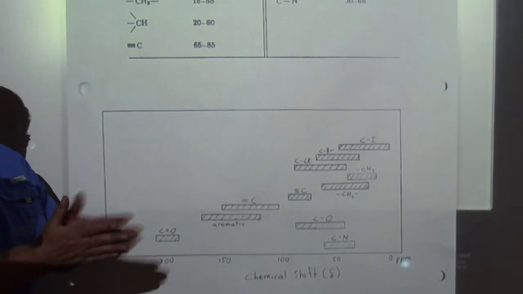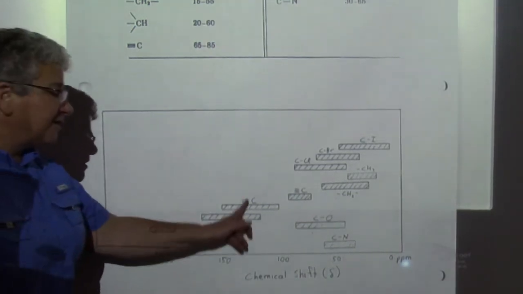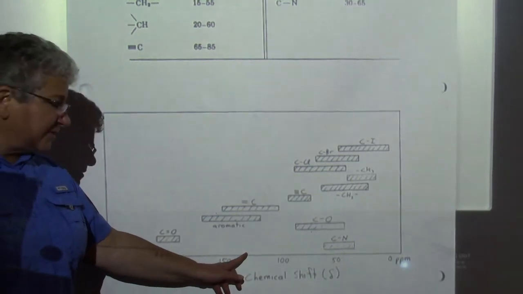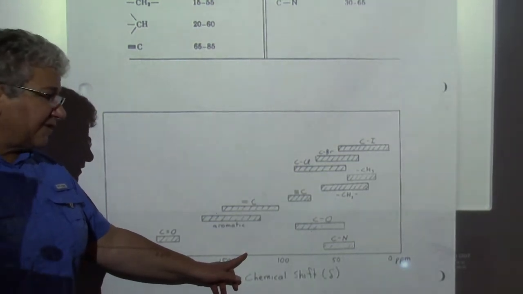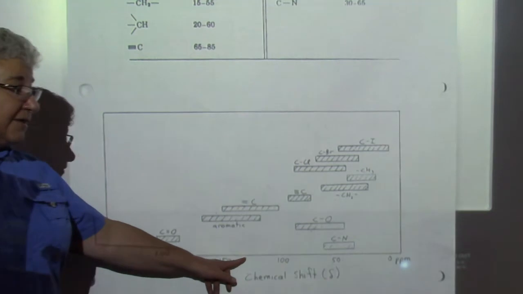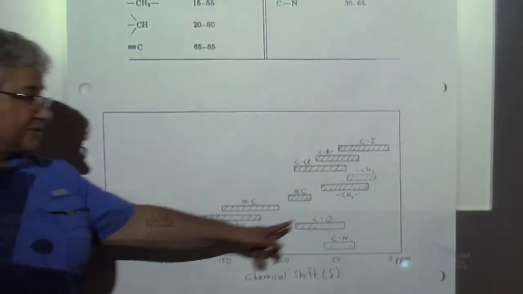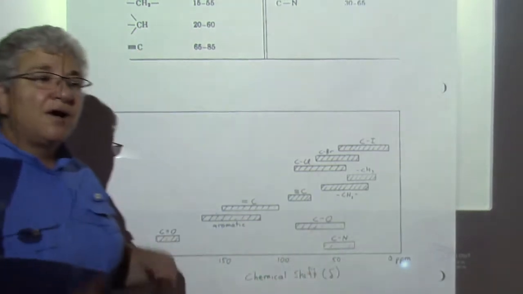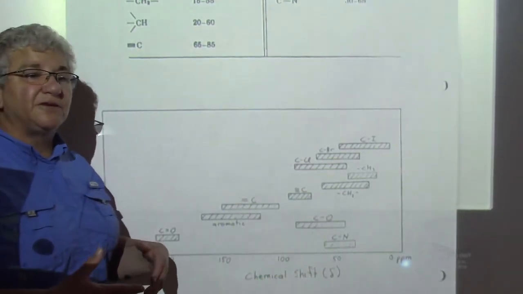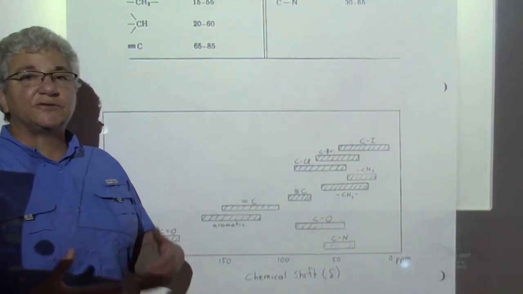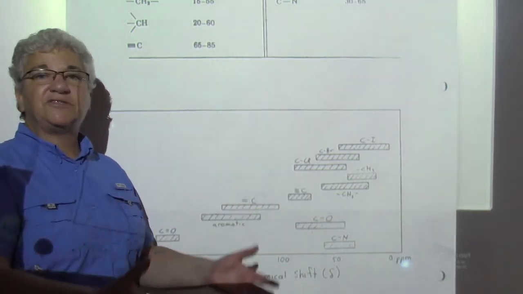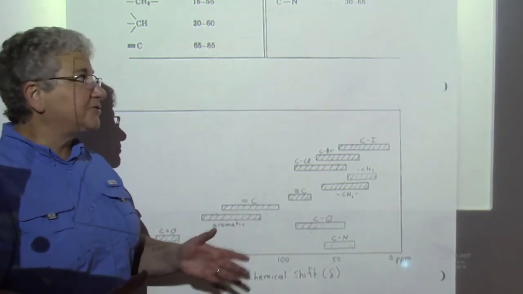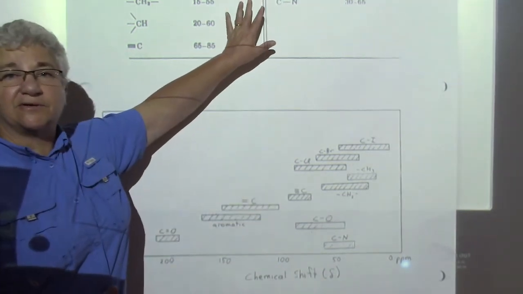They overlap each other, so if you see a peak in this region, you can't tell whether it's a carbon double bond or an aromatic carbon. You can tell me that it's not a CH3 group, because CH3 groups show up down here. I need you to become familiar with where certain types of carbons reside in a spectrum. I don't need you to memorize these numbers.